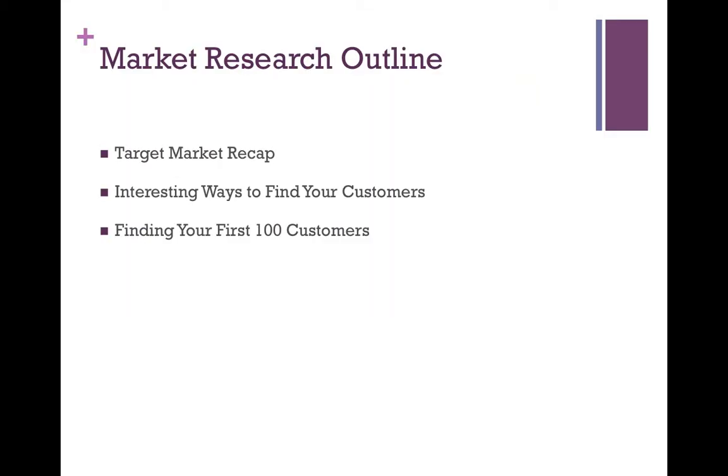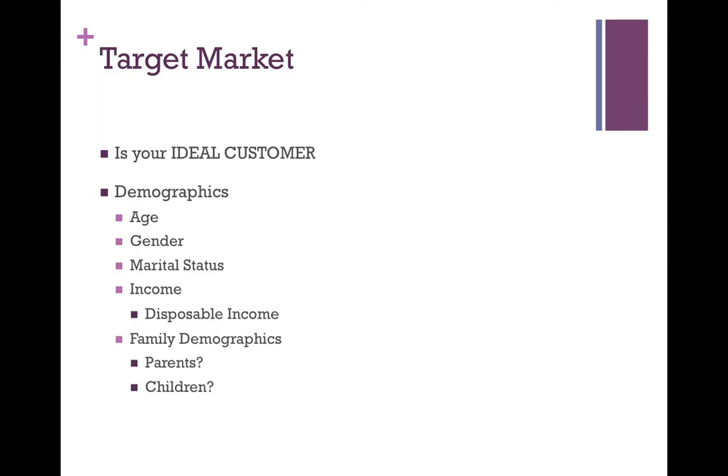What we want to review today is a target market recap and talk about some interesting ways to find your customers and find your first 100 customers. As you may recall, target market is the way that you find your ideal customer. You'll find your ideal customer by doing some of the basic demographics such as age, gender, marital status.